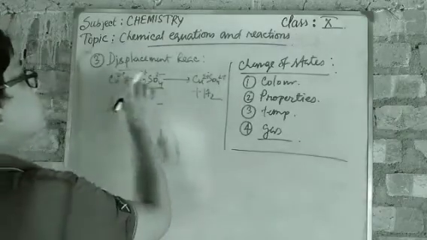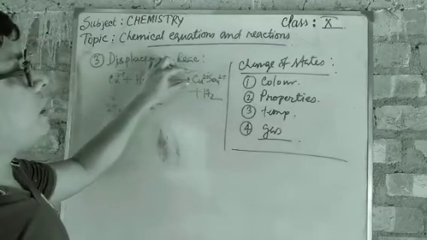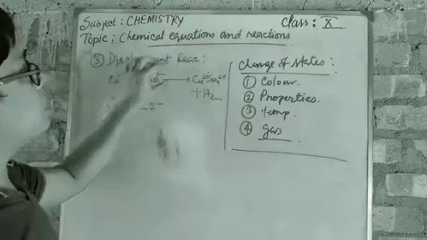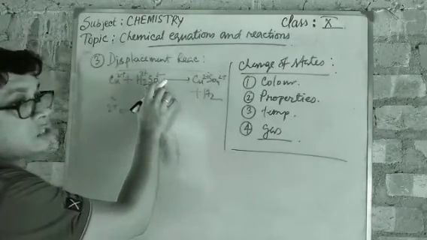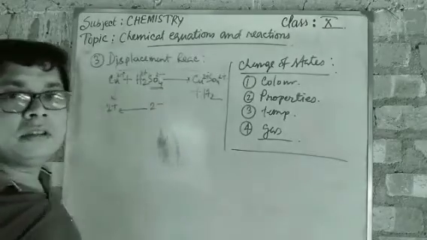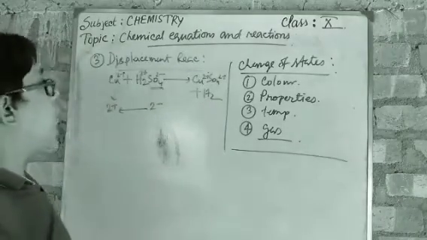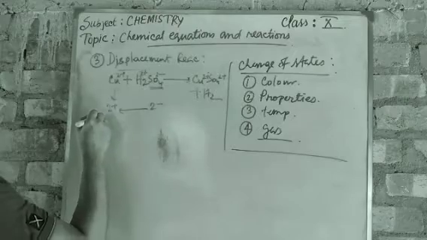That's why Cu2 plus and SO4 2 minus come in contact and become the basic product of this reaction. As sulfate has changed its place, it's called displacement. Understand?